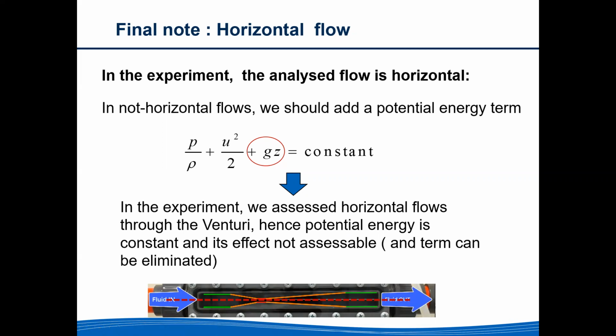In our experiment, the flow is horizontal through Venturi pipes. Hence, the potential energy is constant. The Z is the same, the height is the same, so this effect is not relevant and the term can be eliminated.